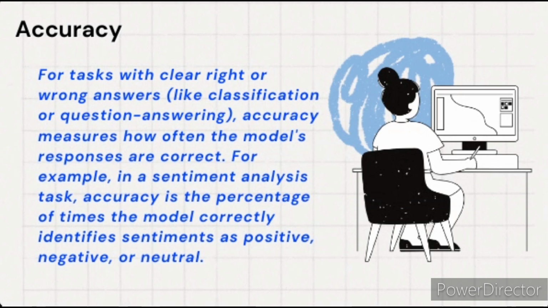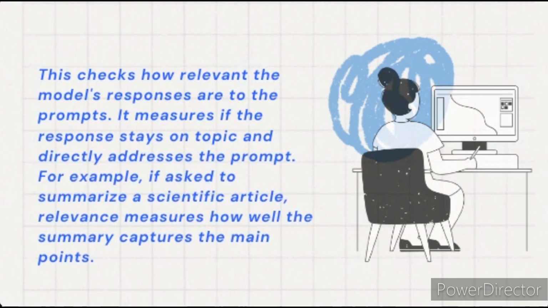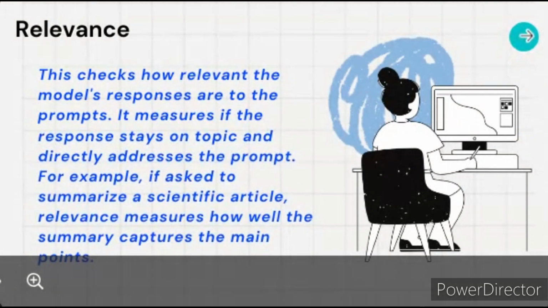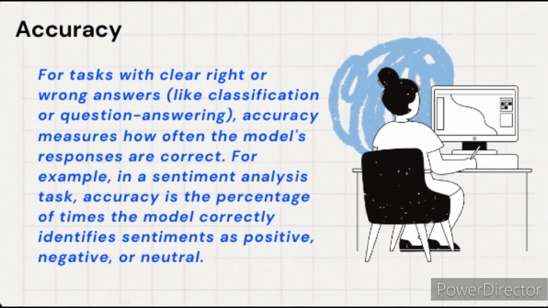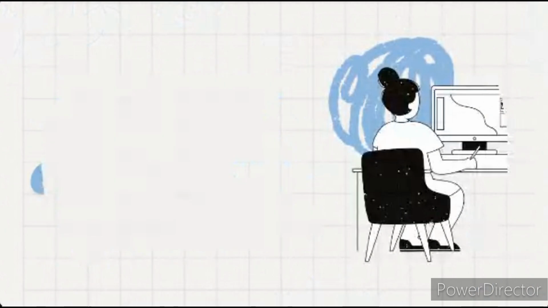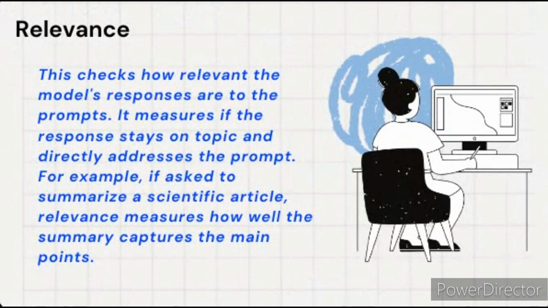Moving on to relevance. This checks how relevant the model's responses are to the prompts. It measures if the response stays on topic and directly addresses the prompt. For example, if asked to summarize a scientific article, relevance measures how well the summary captures the main points.